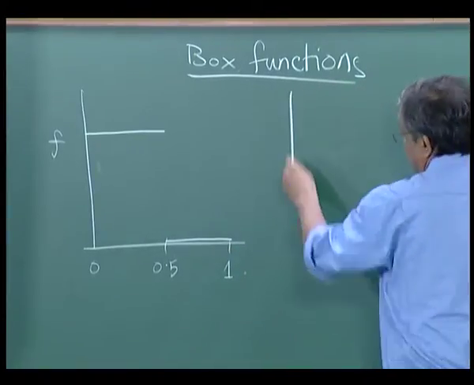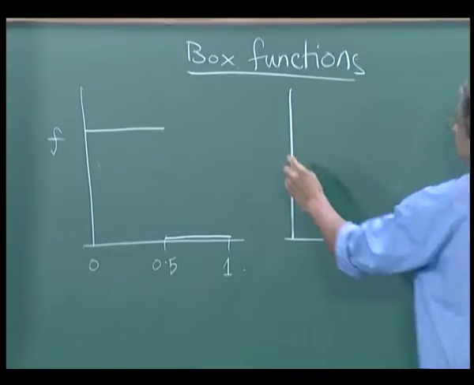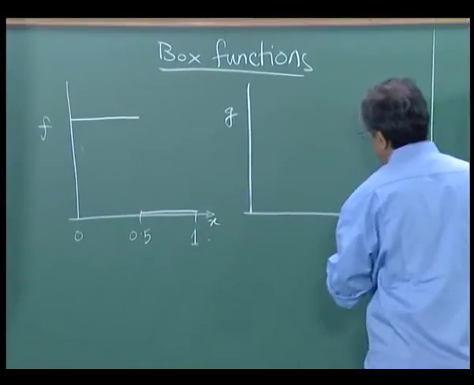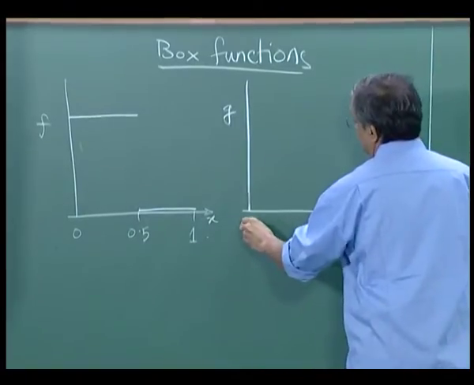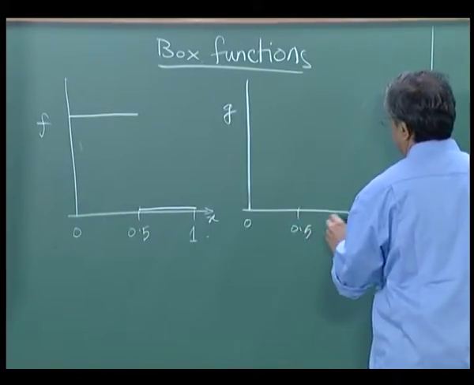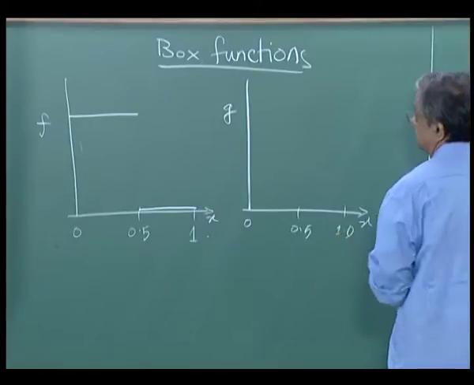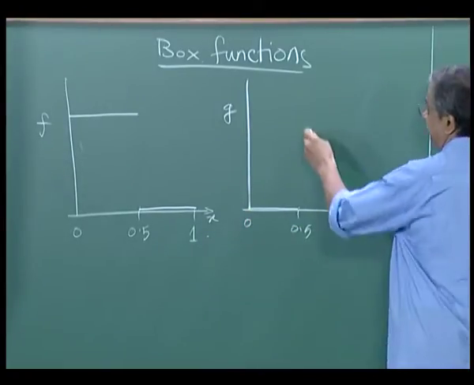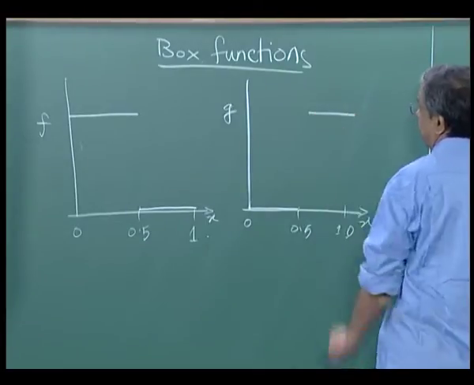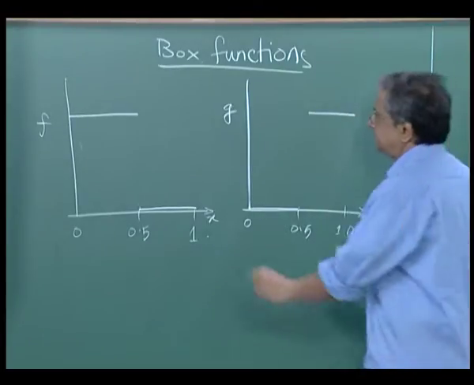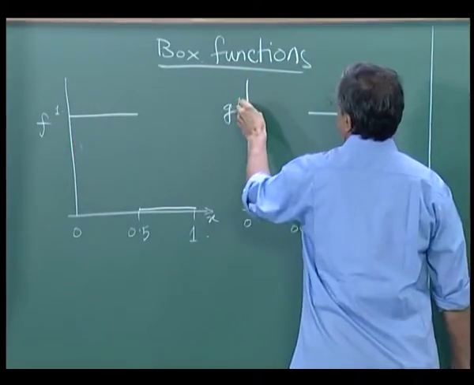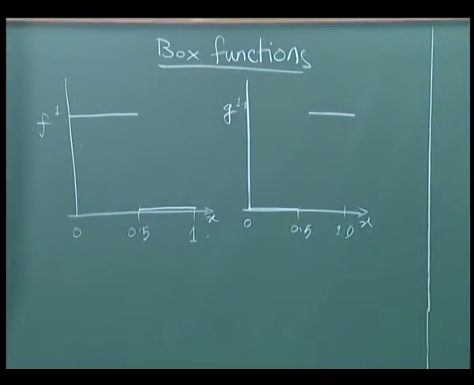I define another function g, also on the interval 0, 1. Its value on the interval 0 to 0.5 is 0, and between 0.5 and 1 it is 1. So the function value there is 1.